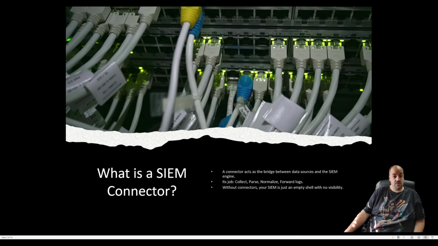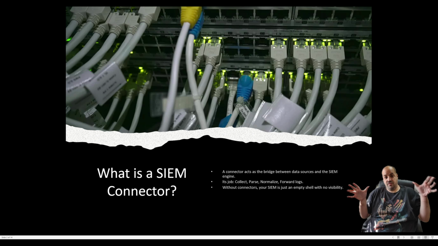So, what is a connector? A connector is basically the part that translates between the real world and the SIEM. It collects logs from different systems, like the firewall, Windows, Linux servers, Wazuh, and everything on the cloud, and brings them into the SIEM in a unified format, what we call normalization, that the system can understand.